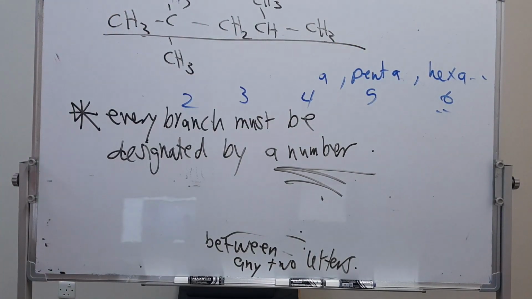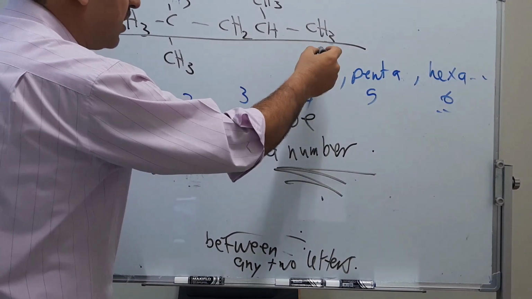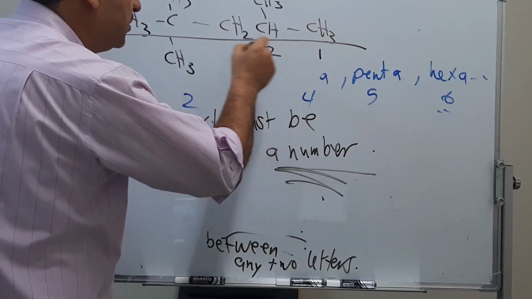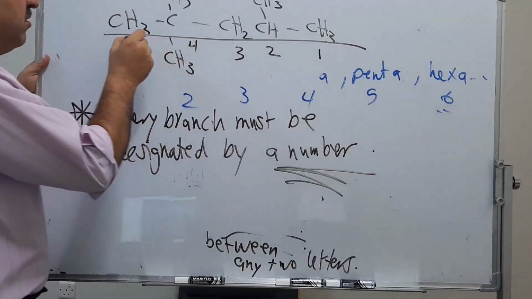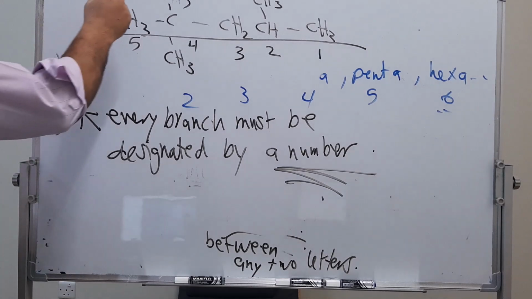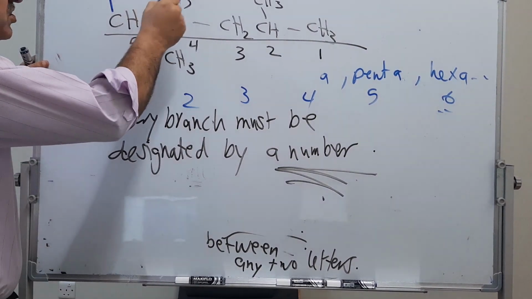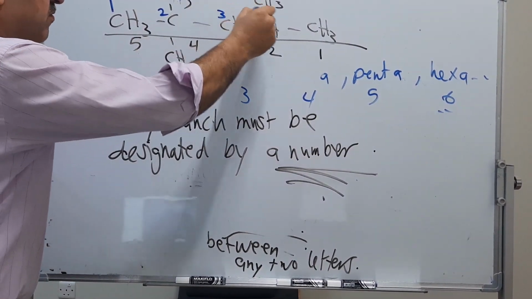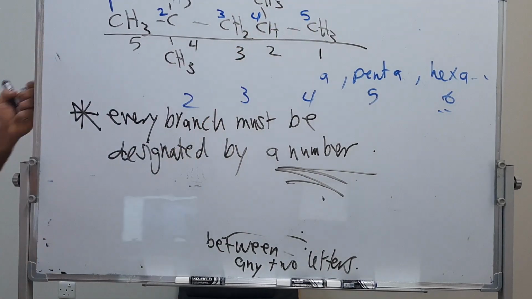Let me just put two options. I will write it from the right: 1, 2, 3, 4, 5. If you number it from the left, you're going to get 1, 2, 3, 4, 5.